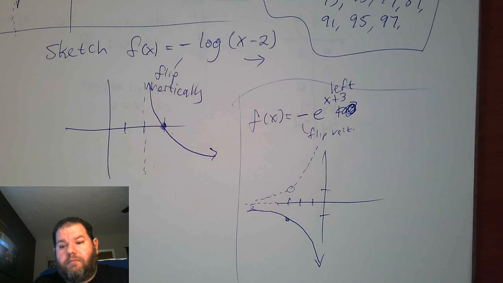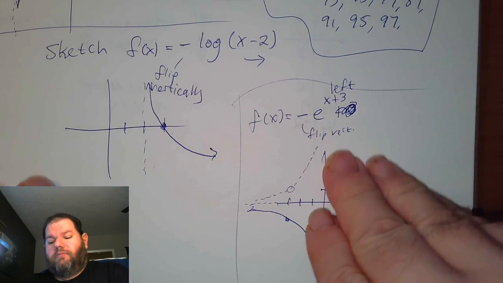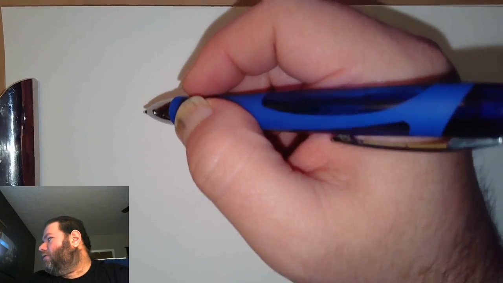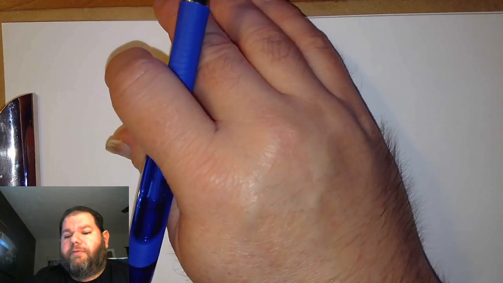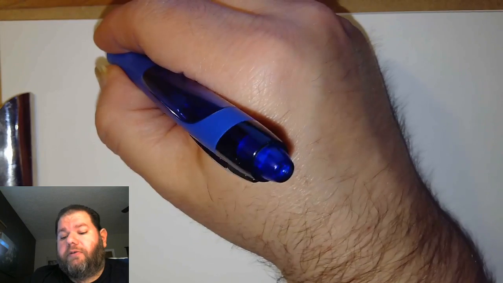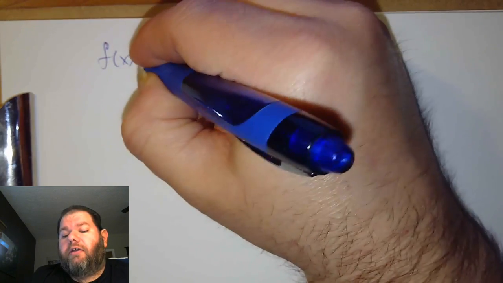Okay. Let's look at it like this. Remember when we did x squared? We said f of x equals x squared.